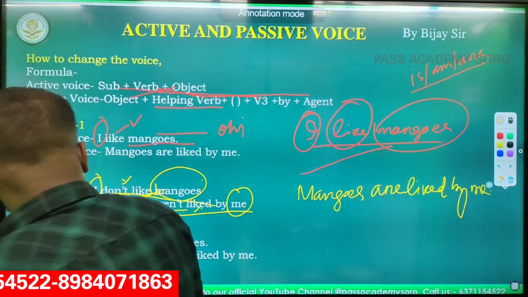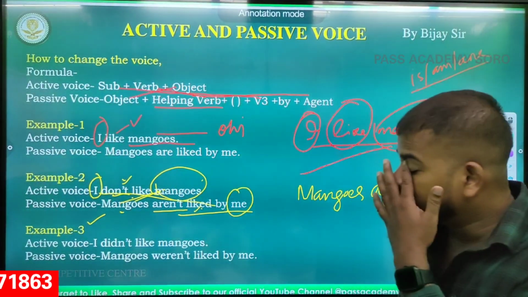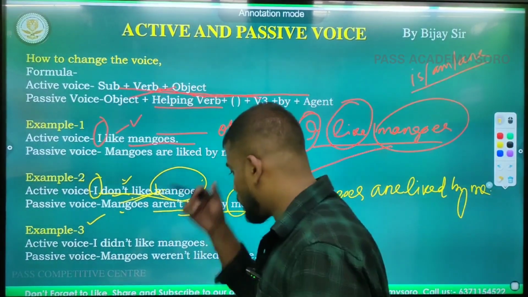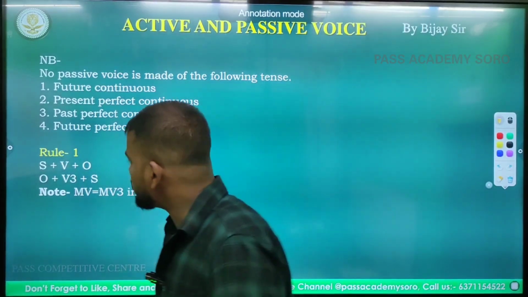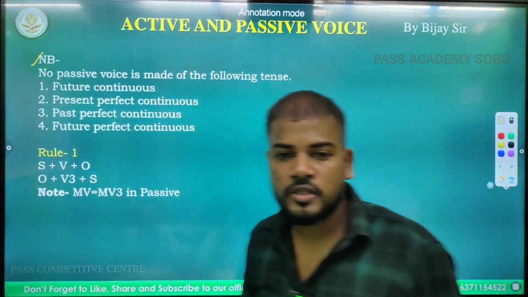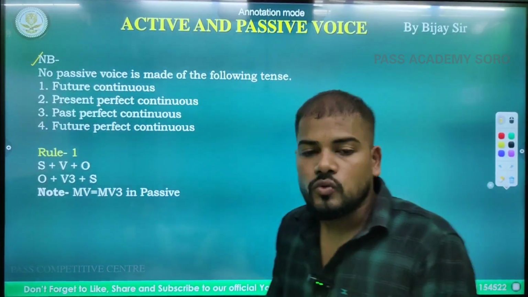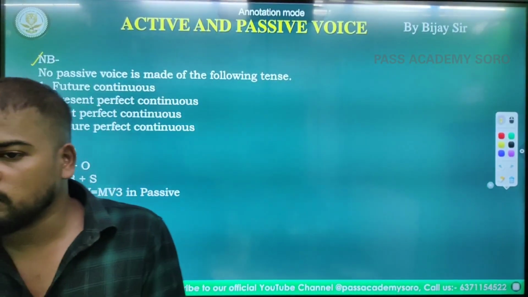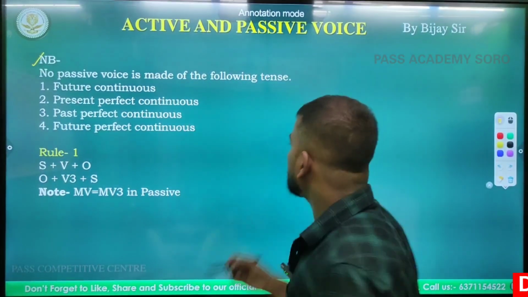Then look at example 3. I didn't like mangoes. Now, certain very important points, dear students. How many tense forms do we have? Totally 12.